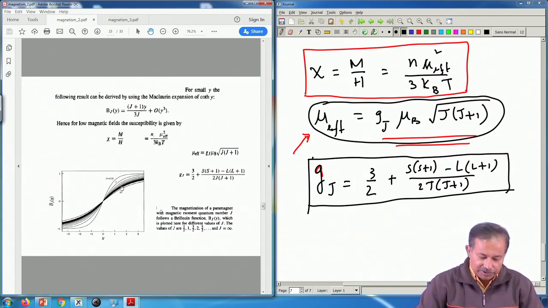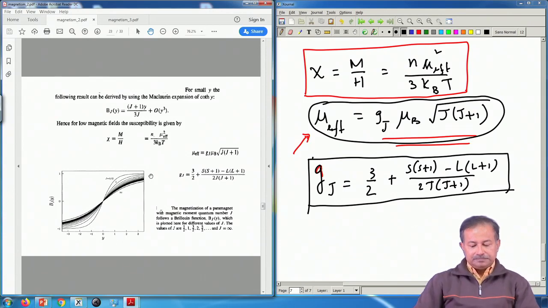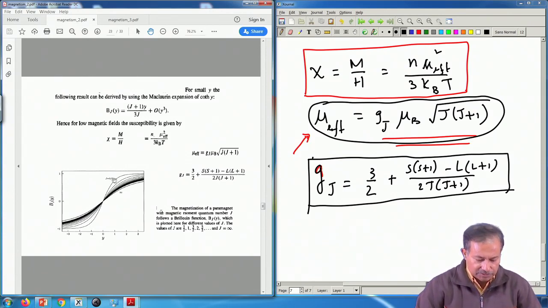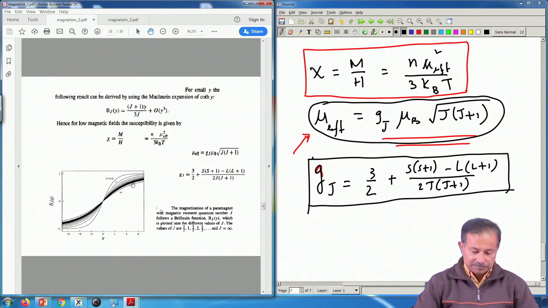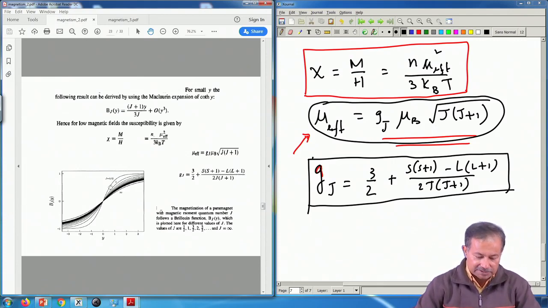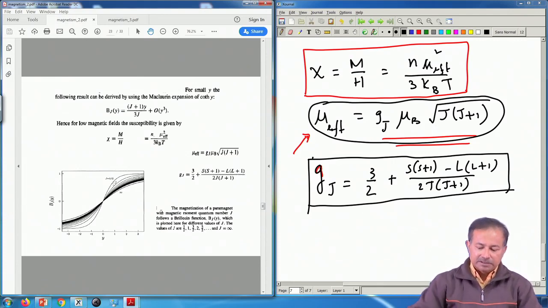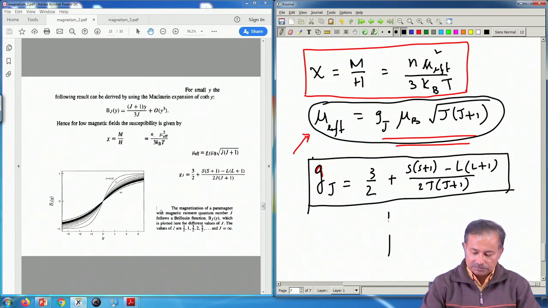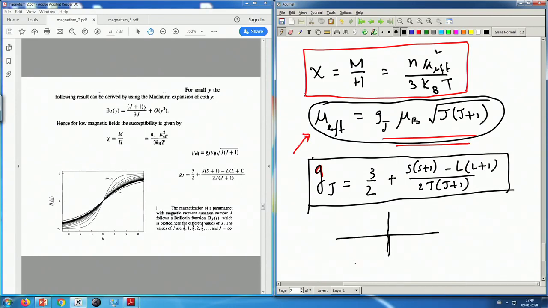At J equal to infinity, of course, the slope is much less, and between J equal to half and J equal to infinity is a dense set of lines. As J increases, the line basically goes down. For low J it is like this, and at higher J it just goes down like this.